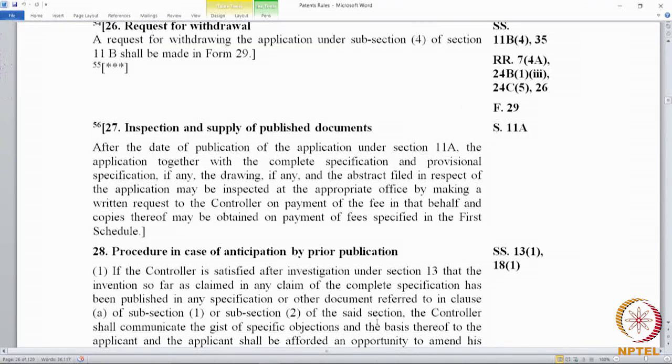So, we have evidence in 11(a)(3) that applications under 9(1) which are not followed up by a complete specification will not be published, because 11(a)(3) says that the following will be published except for A, B and C, and 9(1) comes as B. So, we know that a provisional specification which is not followed by a complete will not be published, but there is no express statement that the provisional itself will be published.